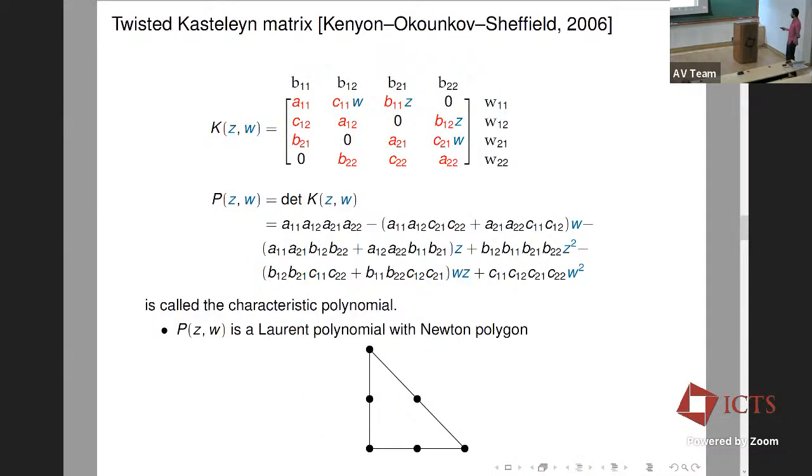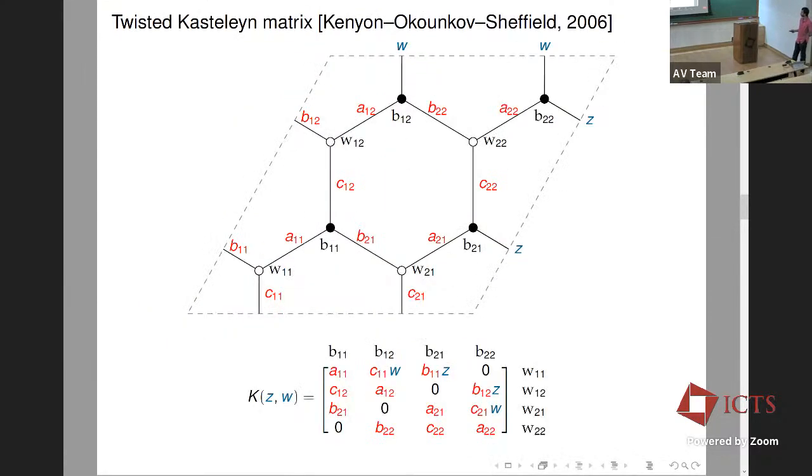So then you can take the determinant of this slightly generalized Kasteleyn matrix. That's all the data.